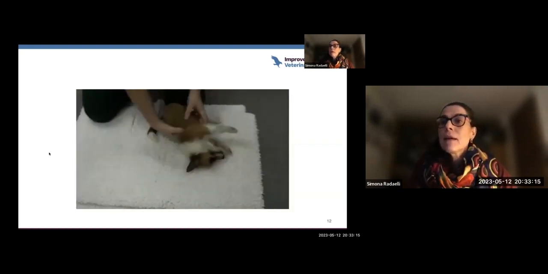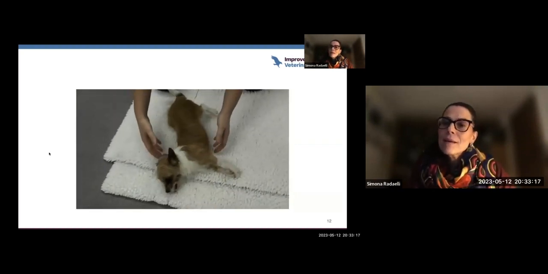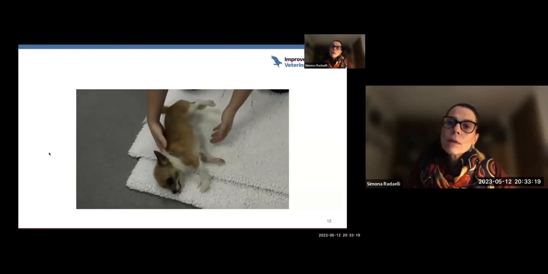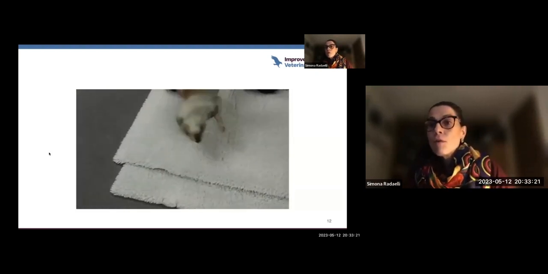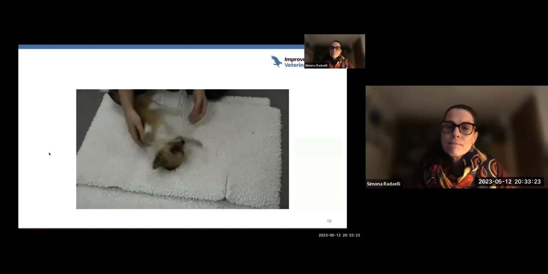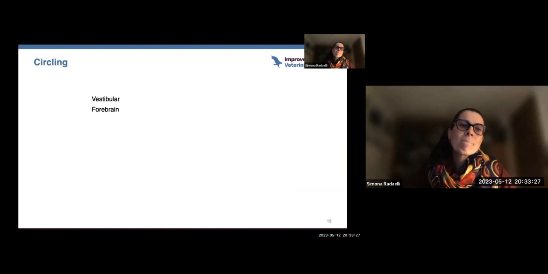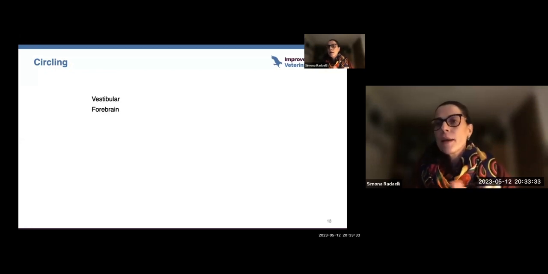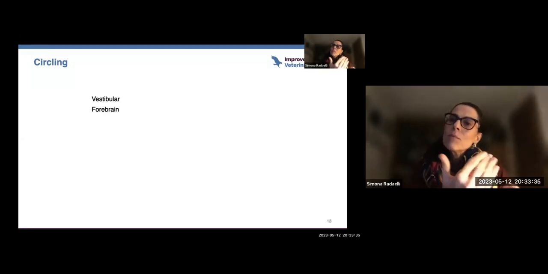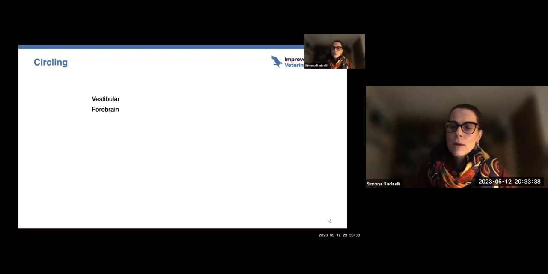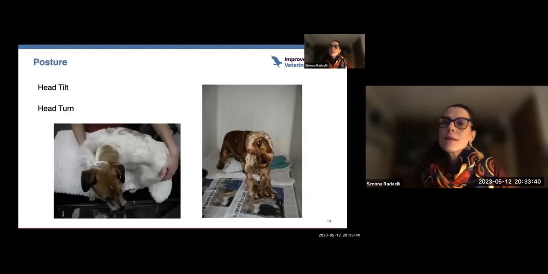So already we can see the difference. Forebrain, the animal can still walk. Brainstem, often the gait is affected. So going back to what we said earlier, if an animal is circling, it can be vestibular or forebrain, and we have seen that the gait can make a difference between the vestibular and the forebrain localization.